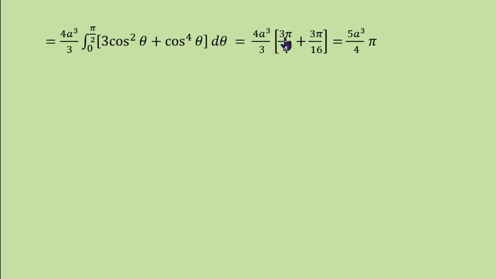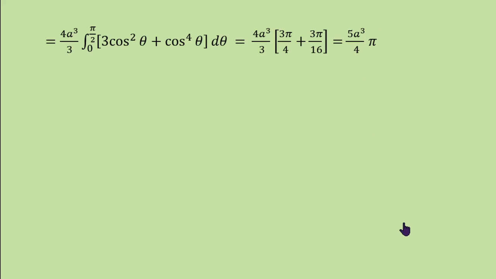Multiply numerator and denominator by 4, or take 4 common outside, any method. So 4 into 3 is 12 plus 3, 15 pi by 16, and cancel 3. So 5 pi a cube by 16 with the 4 gives 5 pi a cube by 4.